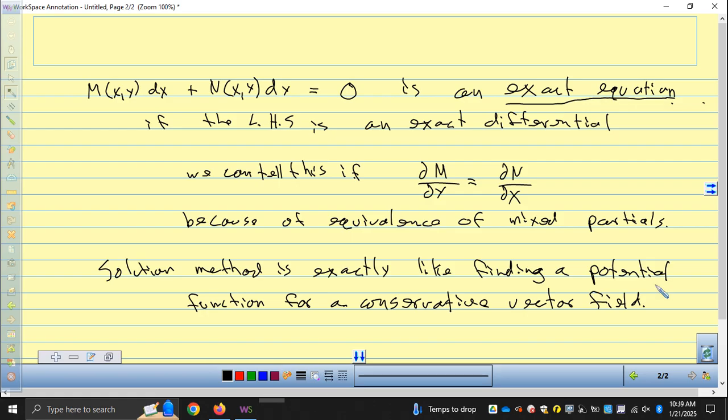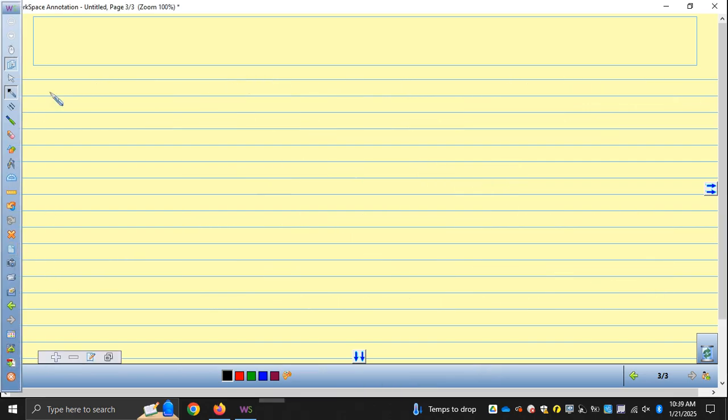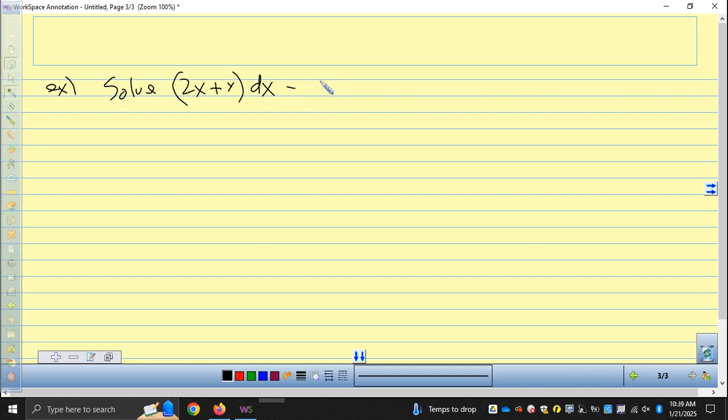So let's look at an example. We want to solve 2x plus y dx minus x plus 6y dy equals 0. Well, if this is M and this is N, the partial of M with respect to y is 1.